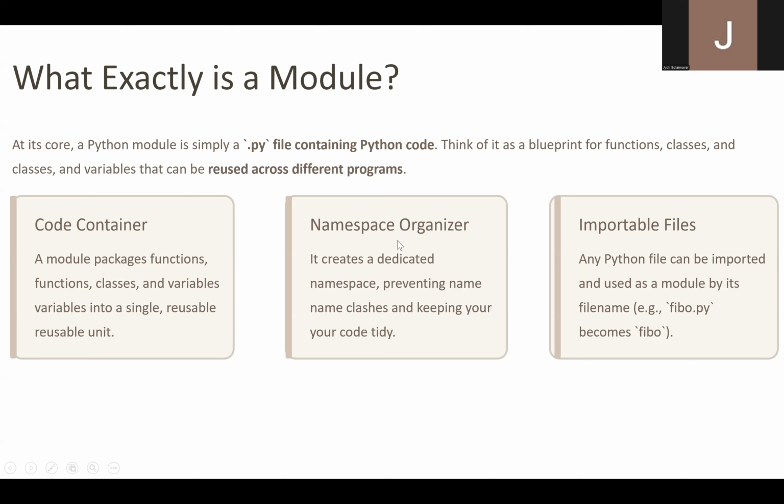It acts as a namespace organizer, where it can create a dedicated namespace which prevents name conflicts or clashes, and your code will be clean. And a module contains importable files. That means any Python file can be imported and used as a module by its name, like fibo.py. If it is your module, then fibo becomes the module name.